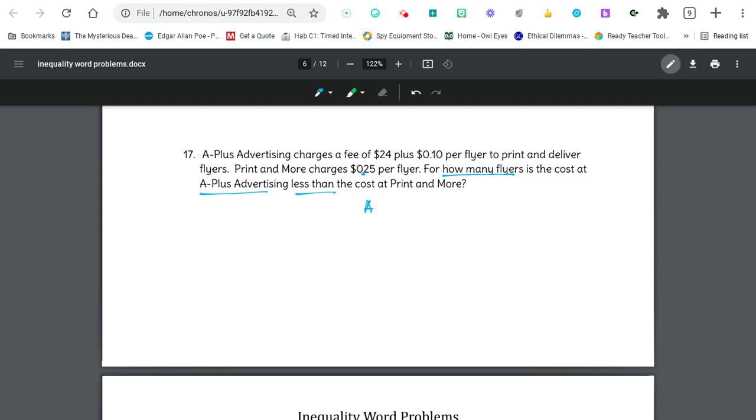So when is A Plus less than Print and More? I got that from right here. All right, I need my X to be the number of flyers.